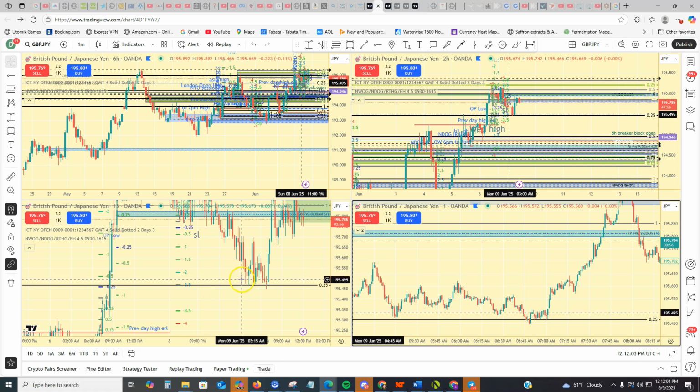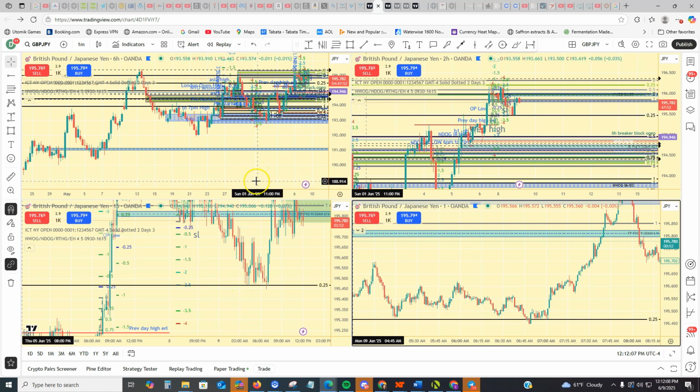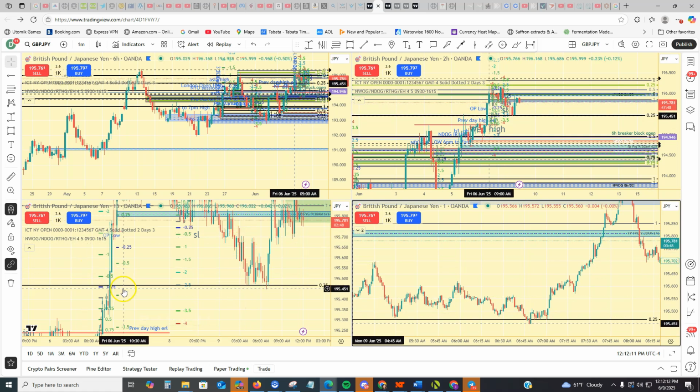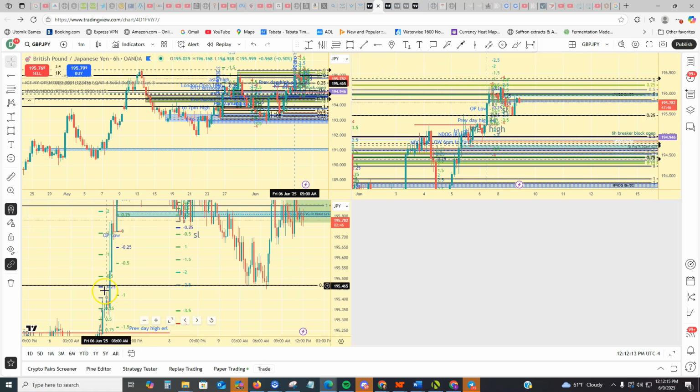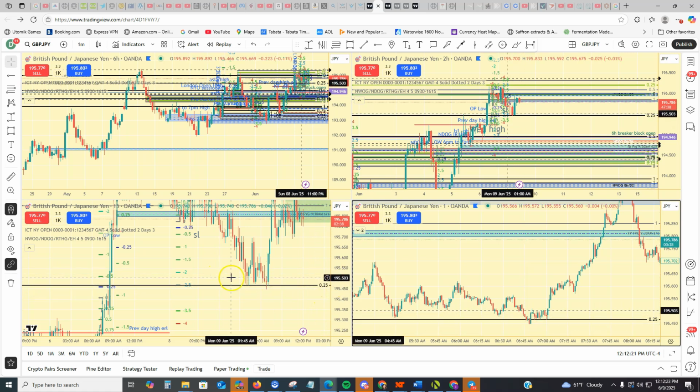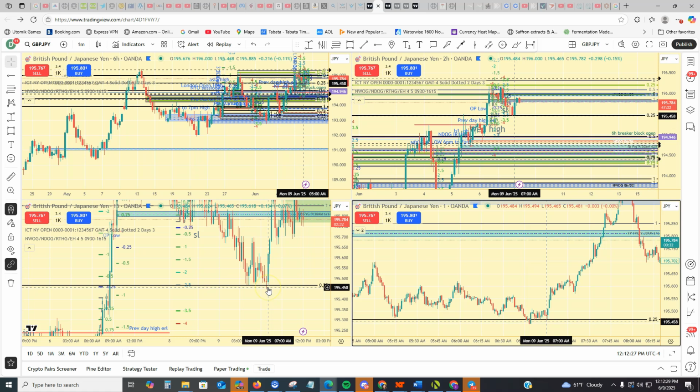So we have runs that happen on stops that are external range liquidity, and then we have things that open and run into internal range liquidity, into this here, and it's at this higher time frame PDArray's quarter, which was expected, and then it created this move here, and then at 7 o'clock, which now we know this is New York open.